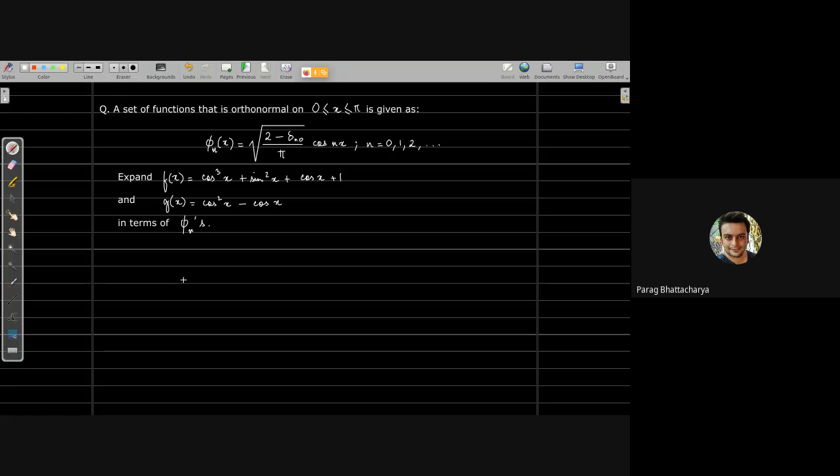All right, and then once we get this, we'll have to obtain these scalar products, that is the scalar product of f and g, the self scalar product of f and the self scalar product of g.